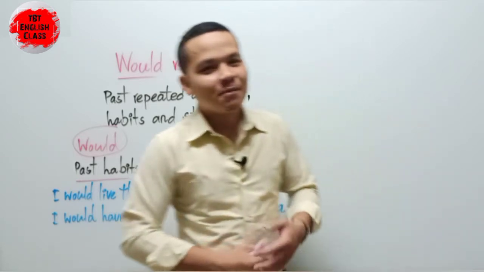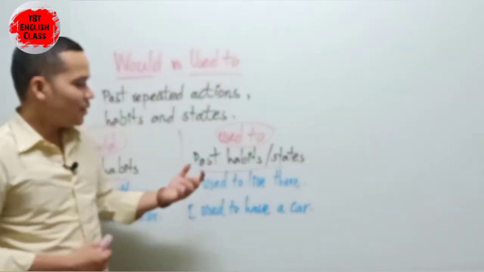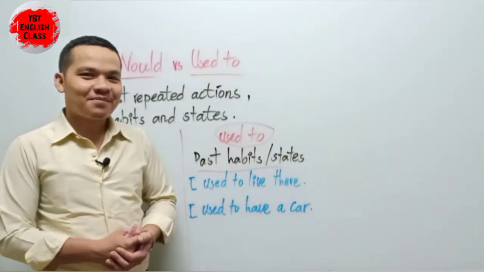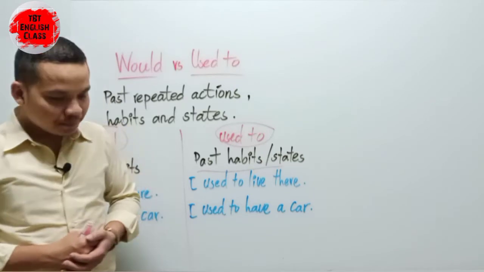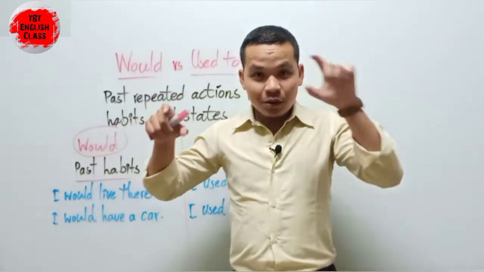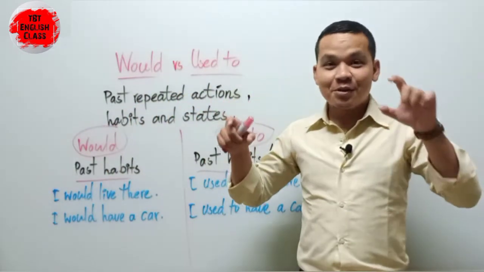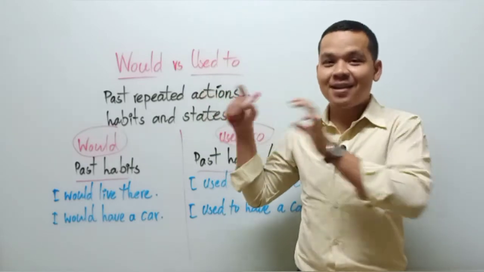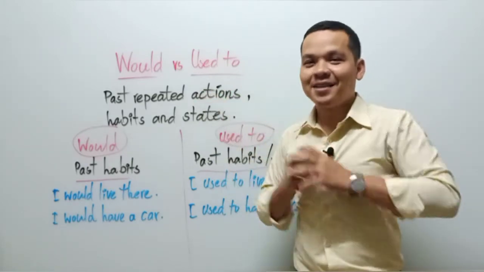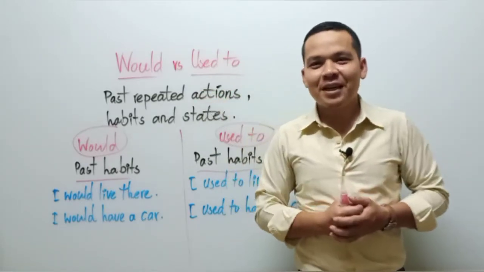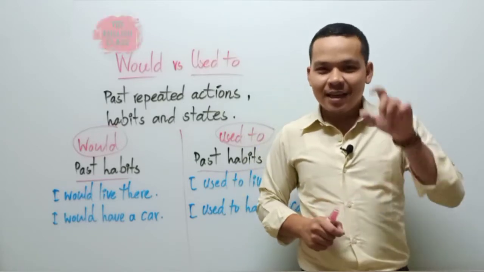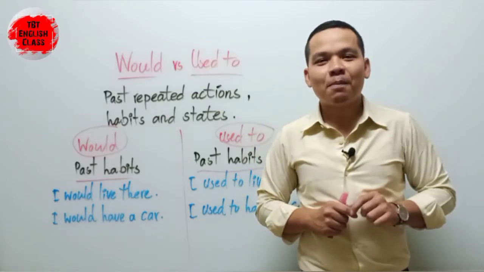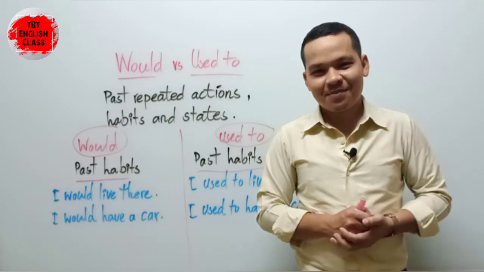But when we use used to, we talk about habits and states. Remember, would and used to talk about past habits, past repeated actions. But would we use with action only, and used to we use with action and state.